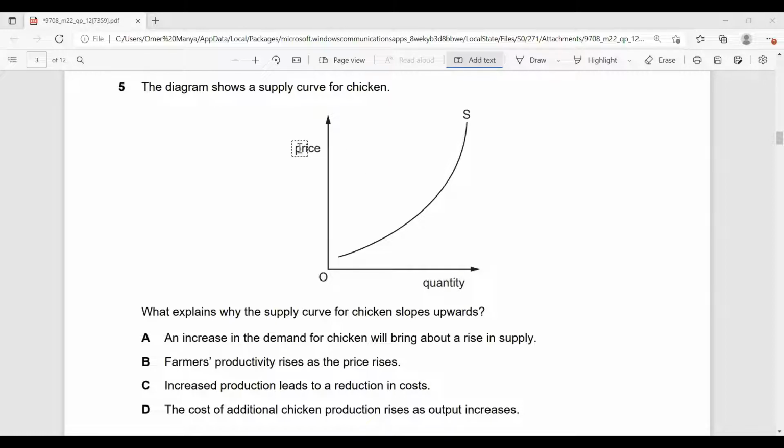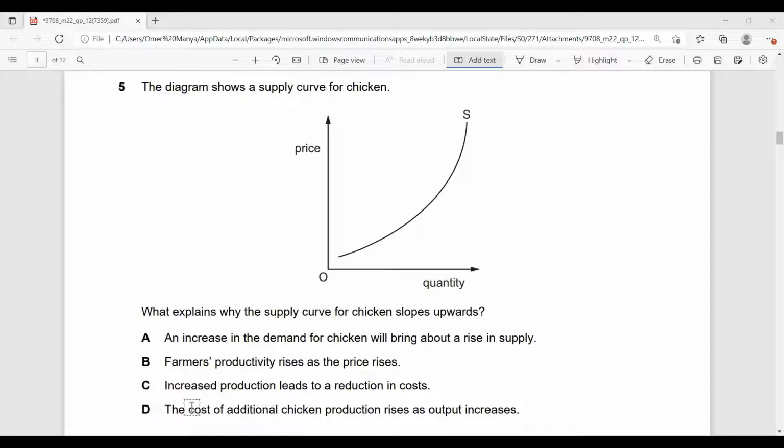Another way to explain the upward sloping supply curve is that the greater the price, the greater the profitability of the product. And so the suppliers are willing to supply more of that product. So both because of the profit motive and because of the cost associated with more quantity, there's a positive relationship between price and quantity supplied.